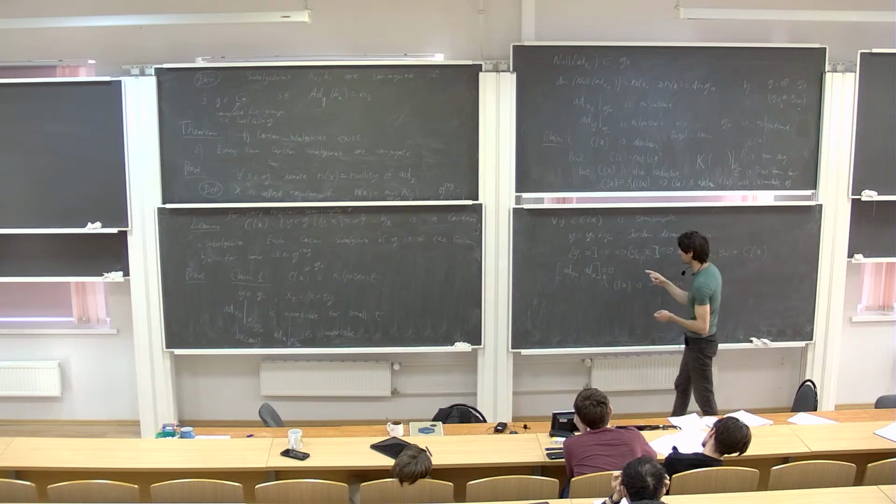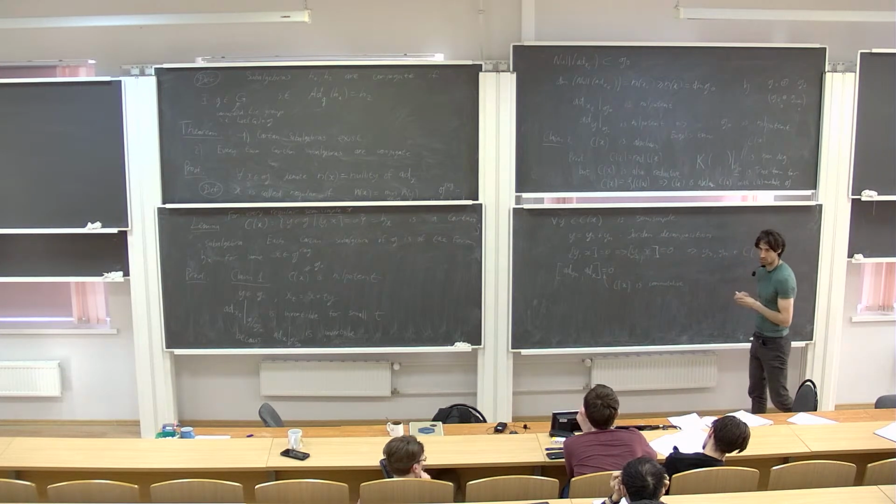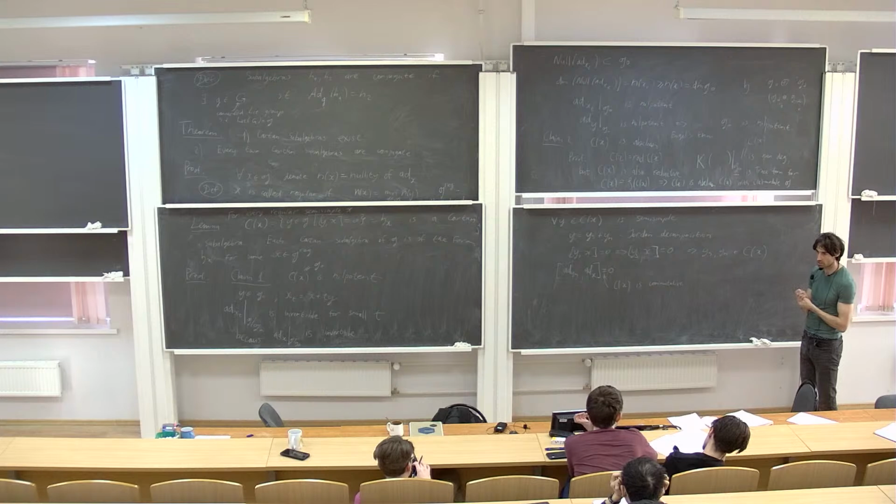This is one of the statements in the Jordan decomposition: if I have some element that commutes with y that we decompose, then it commutes with the semi-simple part. So I'll just refer to this. It was the last part of the statement.